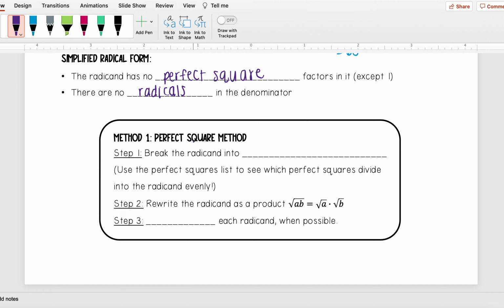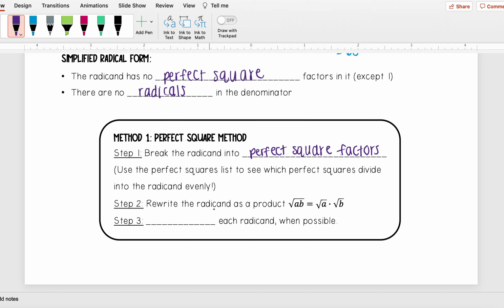The first method is the perfect square method, and here it's going to have 3 basic steps. The first step is to break the radicand into perfect square factors. And here you can use the perfect squares list to see which perfect squares divide into the radicand evenly.